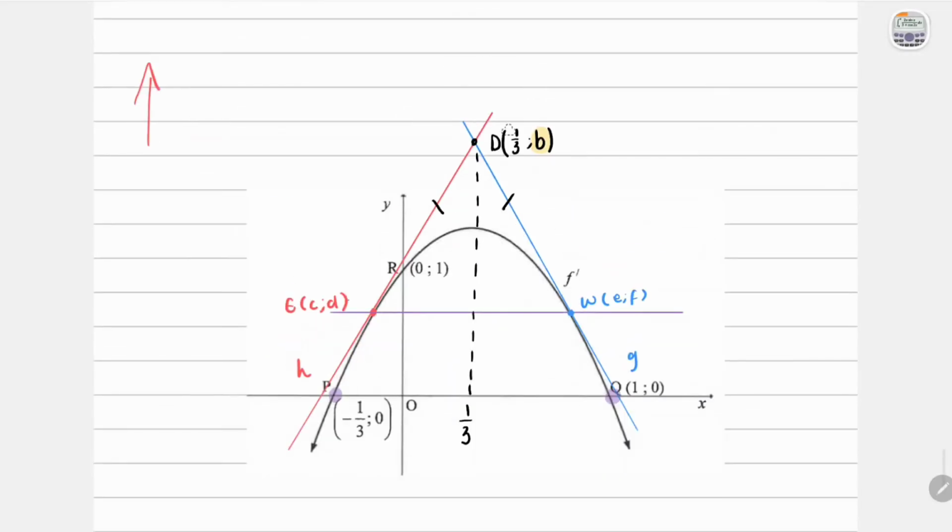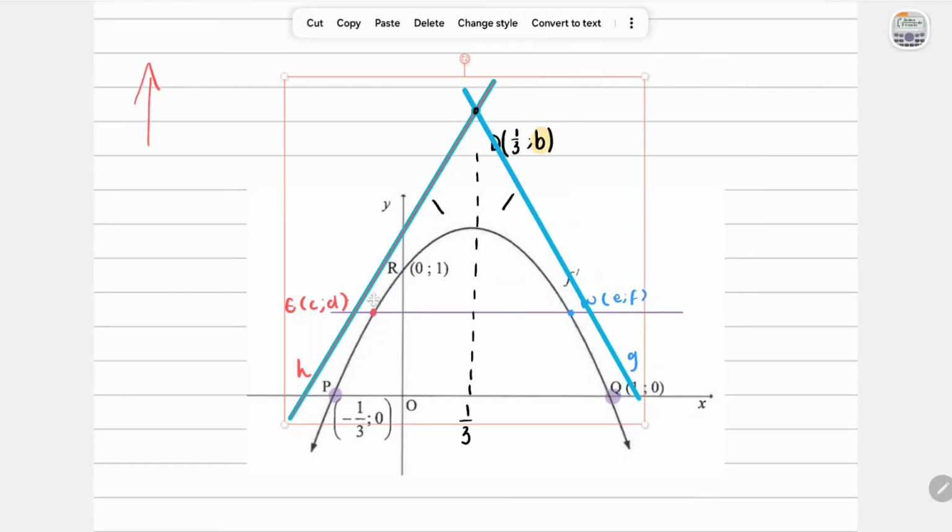If I shifted both points just up like that, then of course they lie on the same horizontal line. Wherever E was, it will be here and W would be here. They would still be on the same horizontal line, but they will not be on the graph anymore. So we need to manipulate it in such a way that they stay on the graph and are still on the same horizontal line.